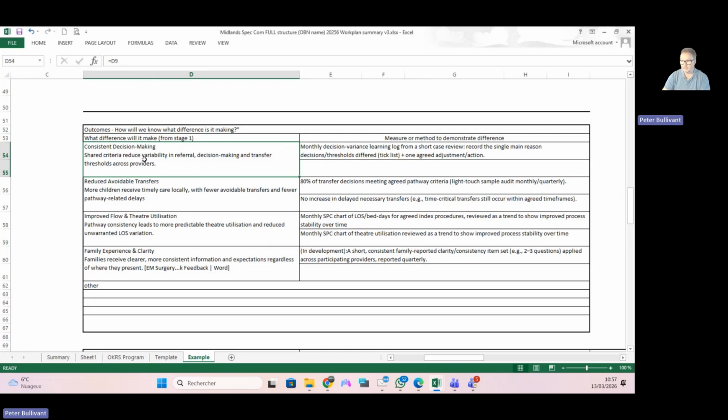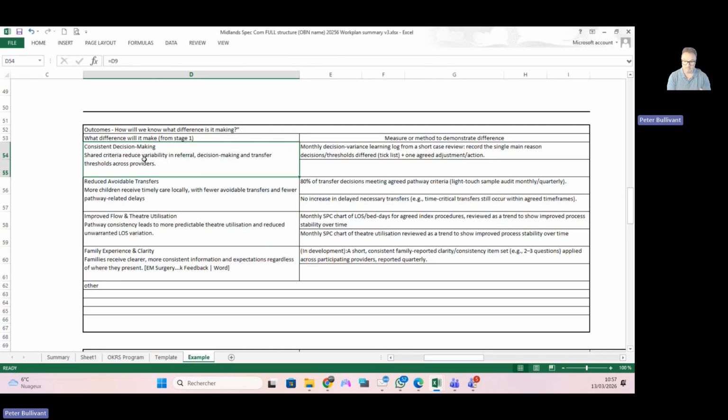Now, we recognize this is one of the most challenging parts to measure, the outcomes, to measure the differences, when often those measures don't exist. So we've looked at sort of 4 categories, really. The first category is when you've got proper data reflecting directly to the impact you're making. So, for example, there you've got a reduced unwarranted length of stay variation.